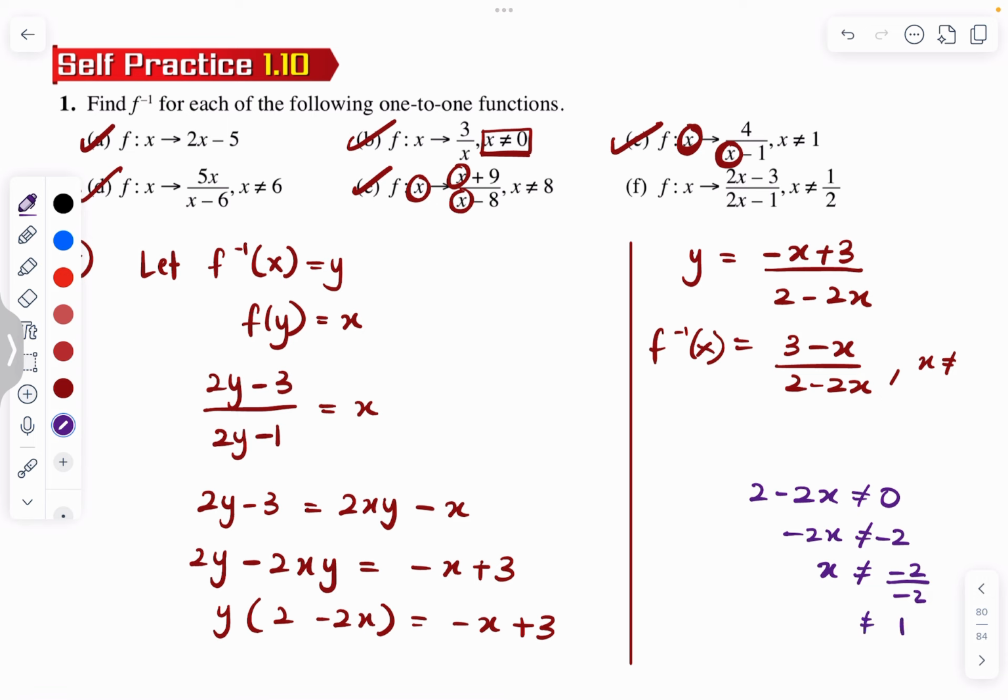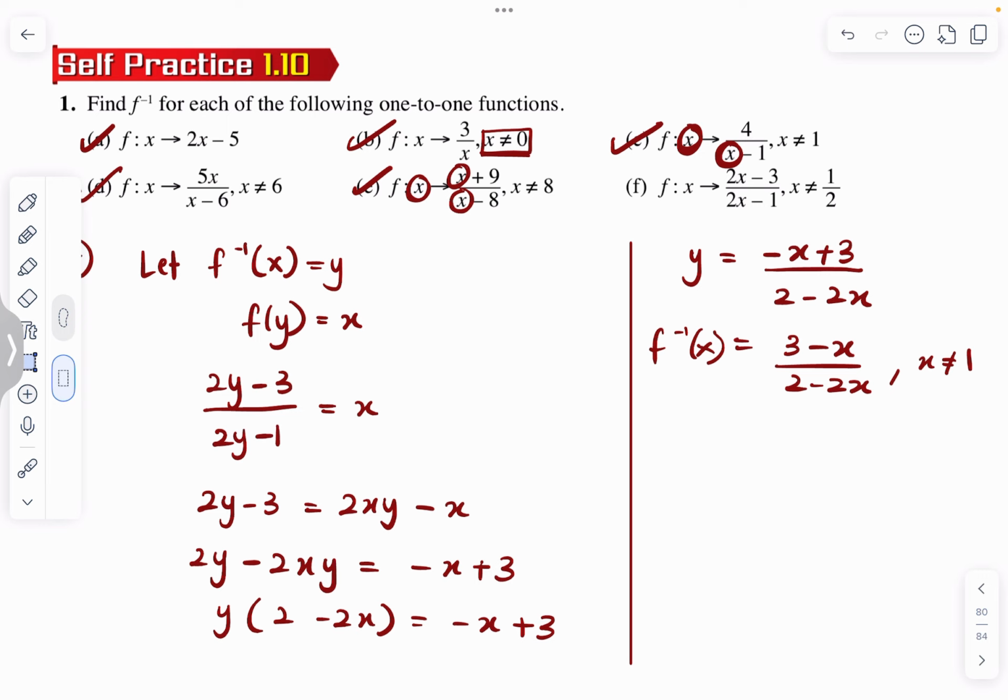So x cannot be 1. Because when x is 1, negative 2 times 1 is negative 2, and 2 minus 2 is 0. So if x is 1, the whole denominator will become 0, which is undefined. Denominator cannot be 0. This part you don't have to show, you can just do it on a rough paper. They only want to see this one.